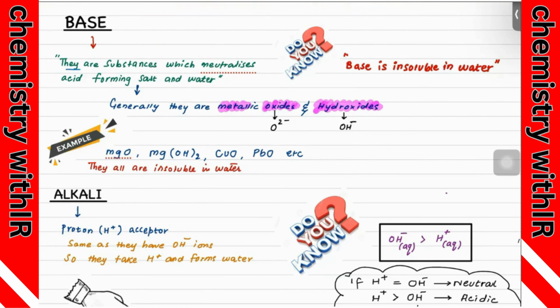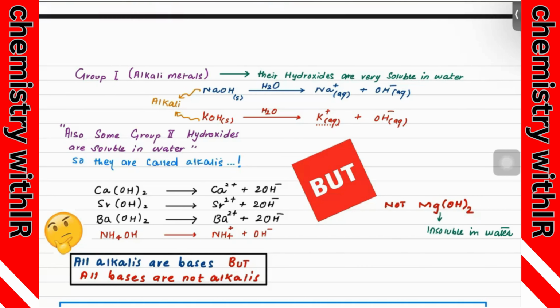In H3PO4, there was hydrogen. In H2CO3, there was. Whether you have a strong acid or a weak acid, there would be hydrogen.